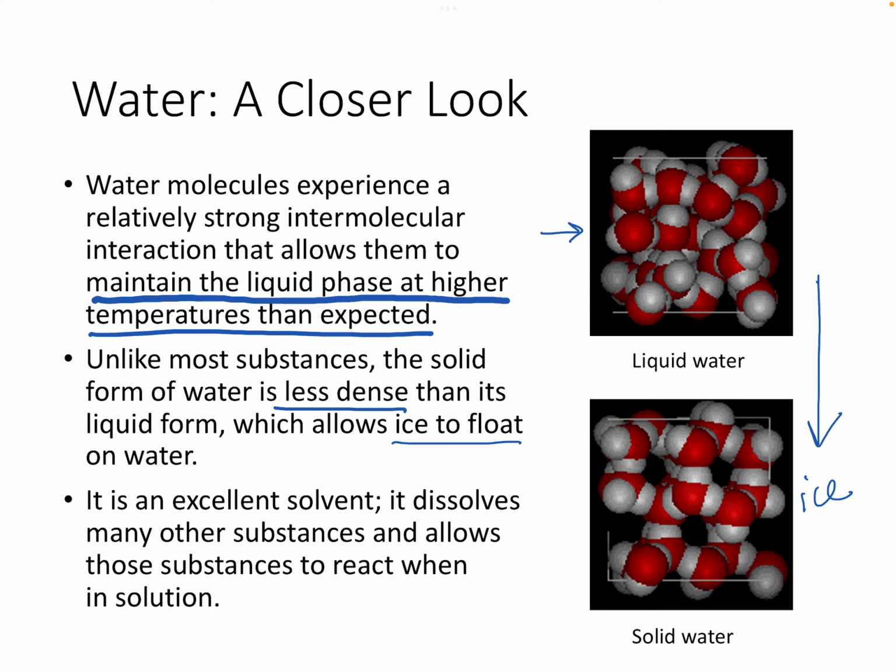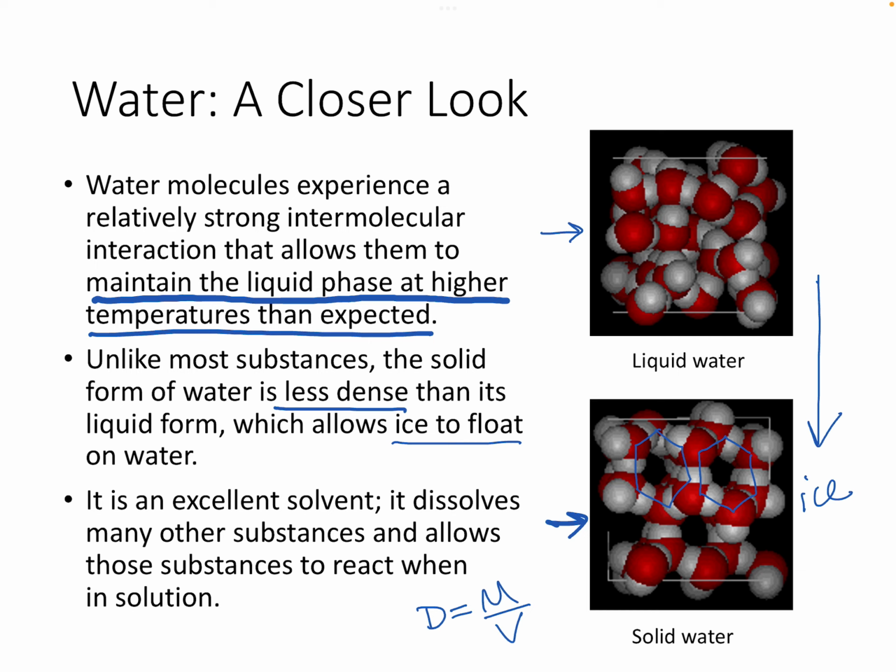So notice in the solid water picture, we're forming these almost hexagon shapes between the water molecules. So that's going to create less mass per volume for water. And remember, the equation for density is mass over volume.